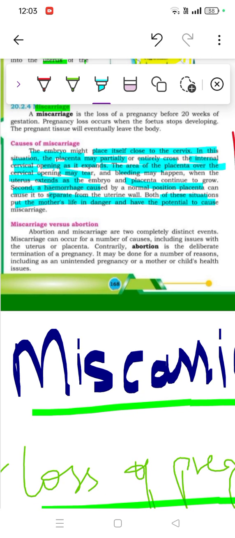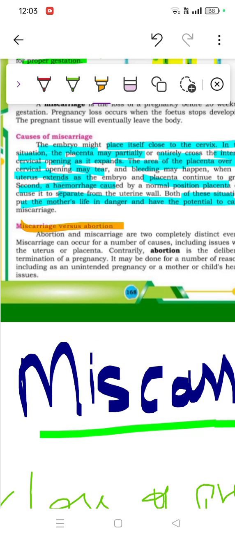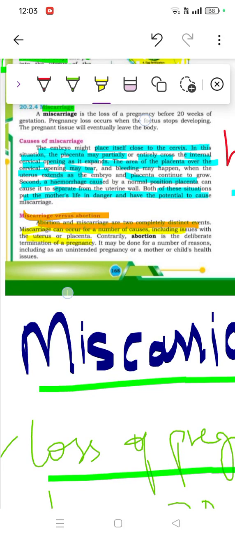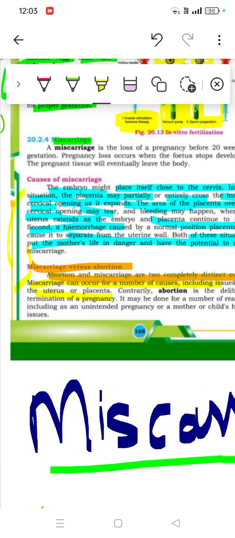Then comes the last topic: miscarriage versus abortion. You might have heard the term abortion. First, these two terms are quite different, and you need to remember that. Miscarriage occurs due to a number of causes, including issues with the uterus or placenta, as we discussed, during changes like placental and uterine growth.